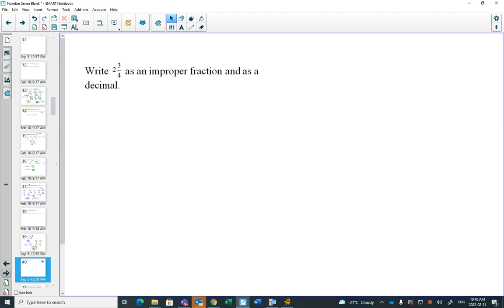Okay. Can you write 2 3/4 as an improper fraction? This is one for you to try. I'll put the answer up in a second.